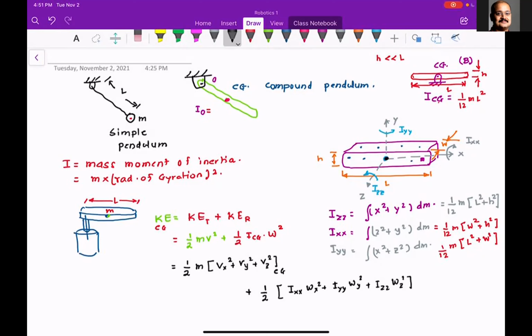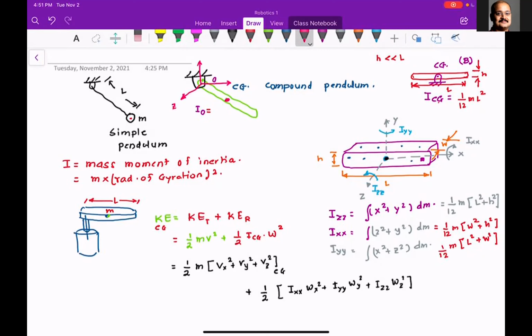Yes. So, sir, looking at the right side that you're working with, how did we translate the Ixx, Iyy and Izz from the work that you get on the right side? Just a second. And now here comes the answer to your question.